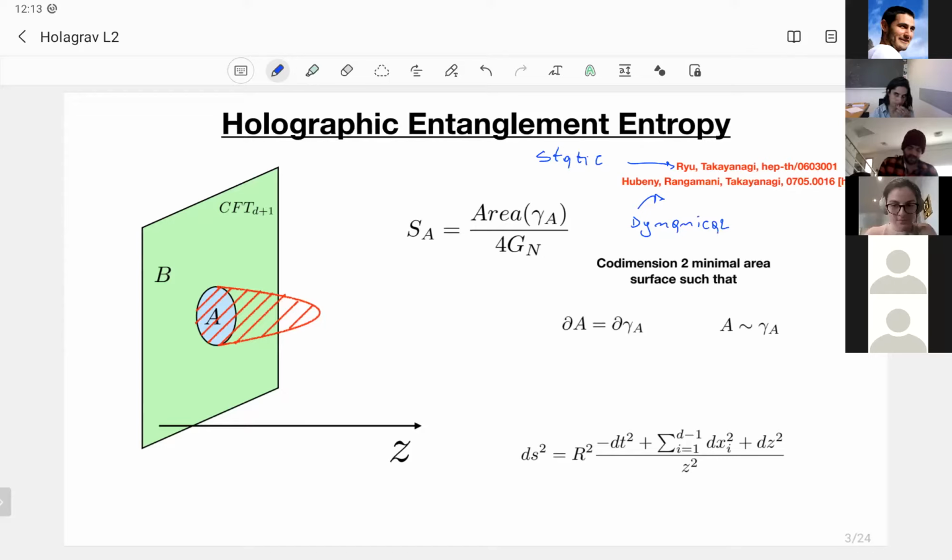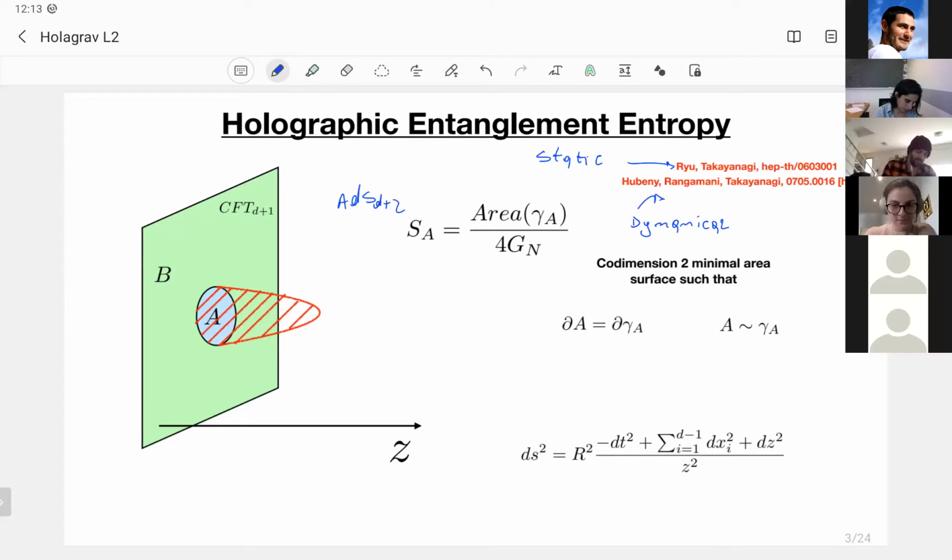So what they conjectured, and then we are going to prove, is the following. In this green rectangle is the space where the CFT lives, and here is AdS d plus 2.